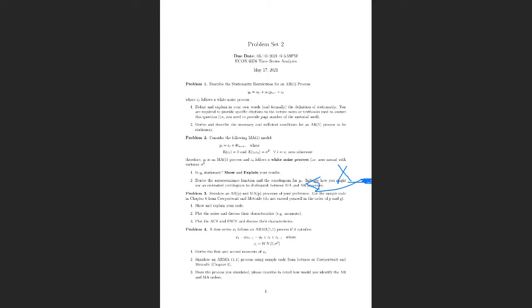Now we take a look at what the ARMA looks like. If xt is a stochastic process like this, this is the AR flavor here. And on the right-hand side, it depends not only on epsilon t, but also on epsilon t minus 1.